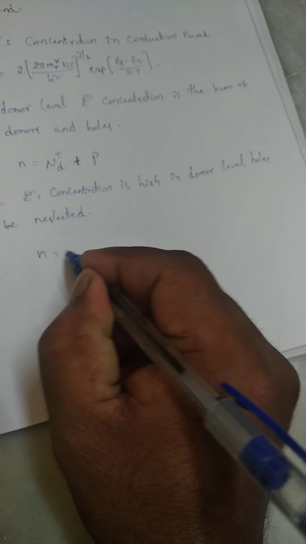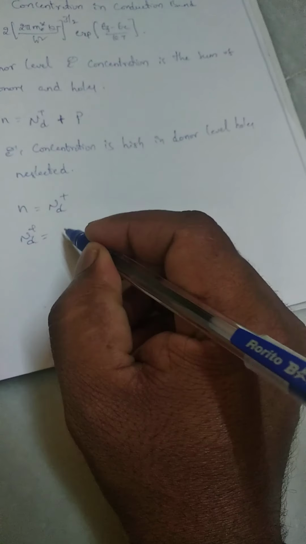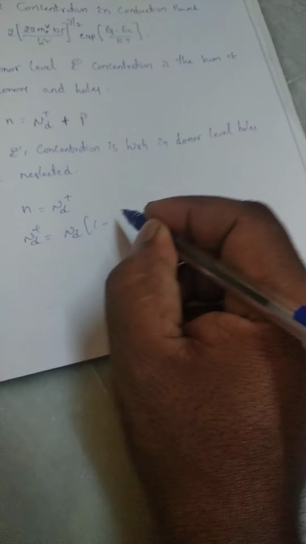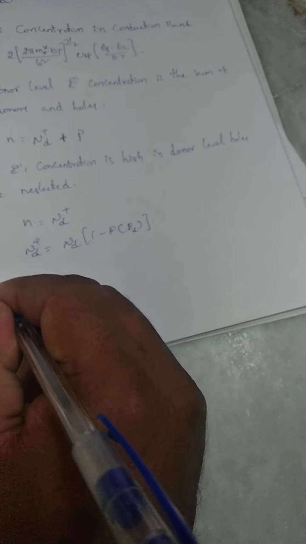So N is equal to ND plus, so ND plus is equal to ND into 1 minus F of ED. Solve the equations.